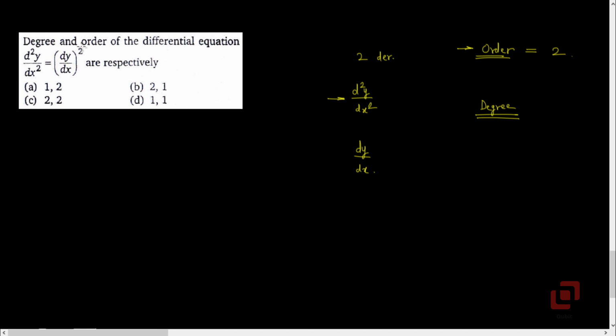As you can see here, they have squared dy by dx. However, this does not matter now. Degree is concerned only with the highest order derivative, and as the power of this derivative is 1, the degree of the differential equation is 1. So the order is 2 and the degree is 1.